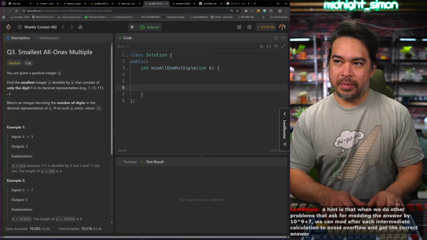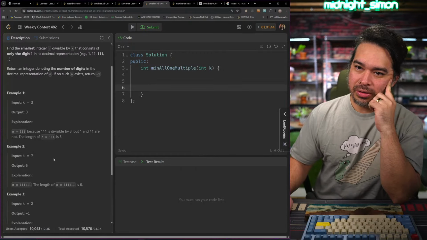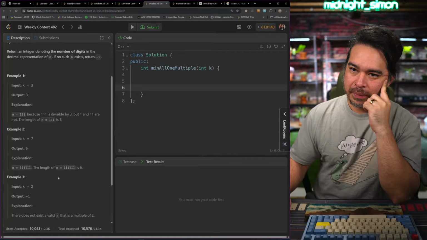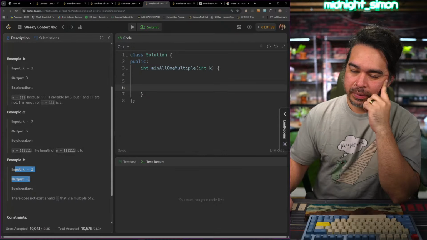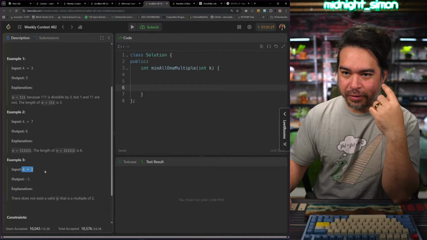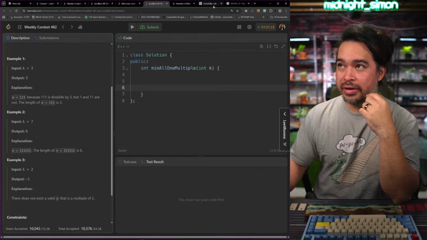What am I doing? But then how can I know if it's not possible? And if K is 4, or anything ending with 4, is that possible?